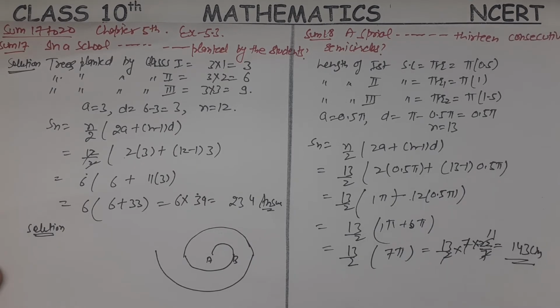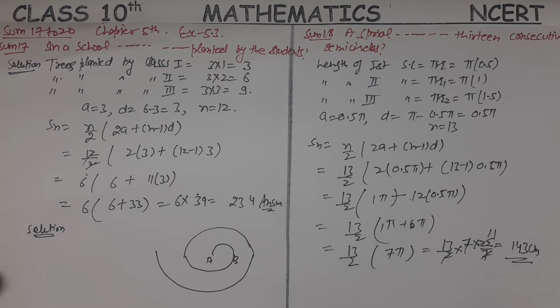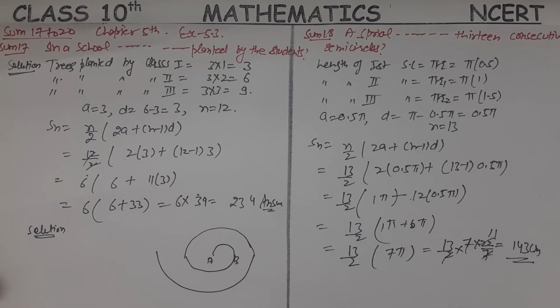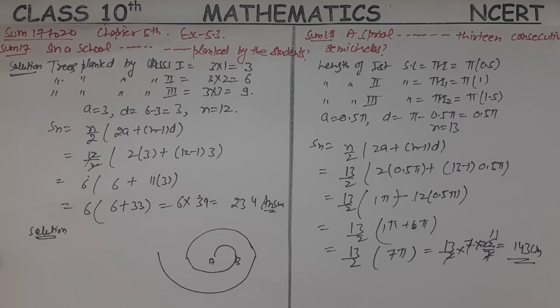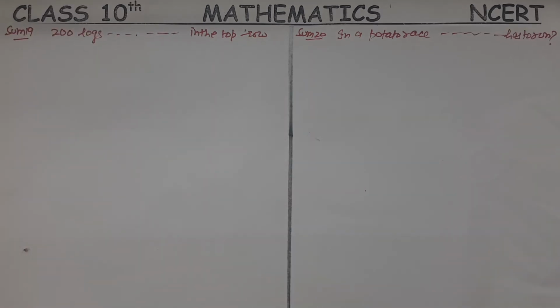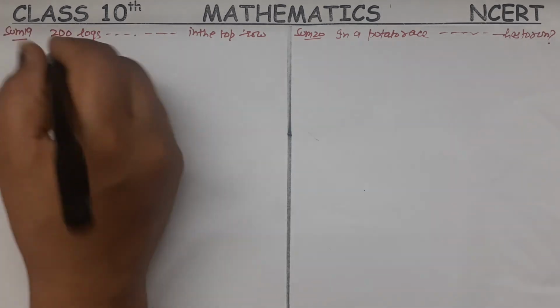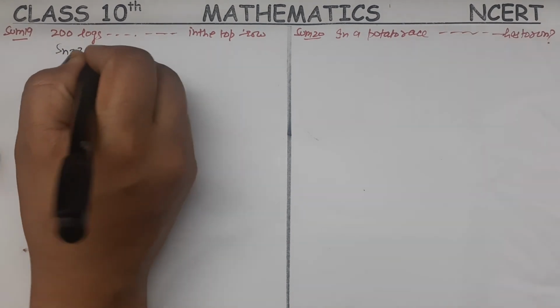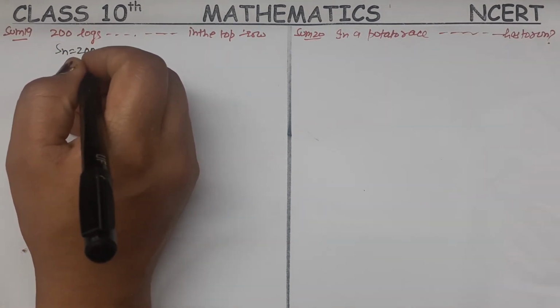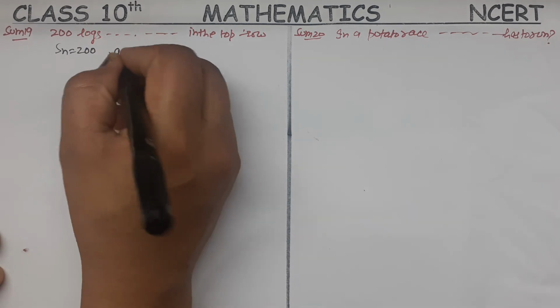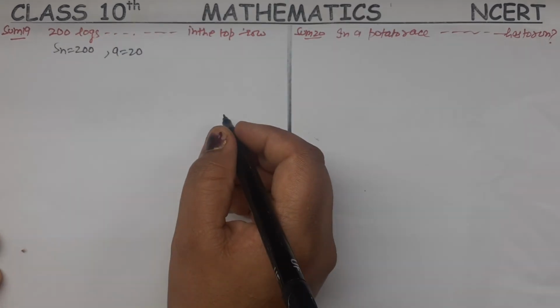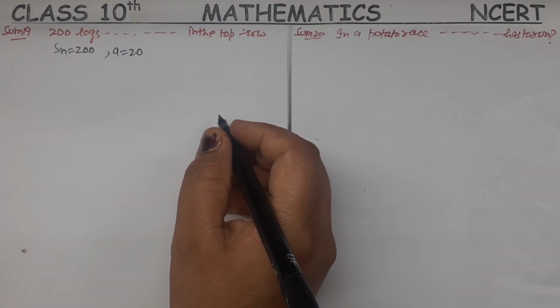Now the next. Sum number 19. 200 logs are stacked in the following manner. Total number of logs 200. 20 logs in the bottom row, meaning a is 20, 19 in the second row, 18 in the row next to it, and so on.